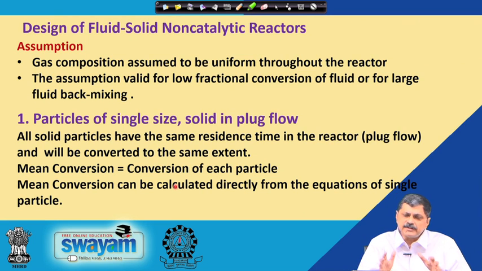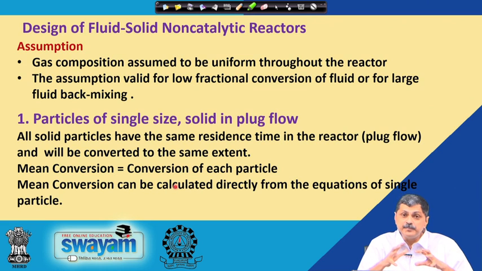Now, we know that if the solid is in plug flow, all the solid particles will stay in the reactor for the same period of time, same residence time, and all the solid particles have got the same radius. So, each particle will be converted to the same extent.